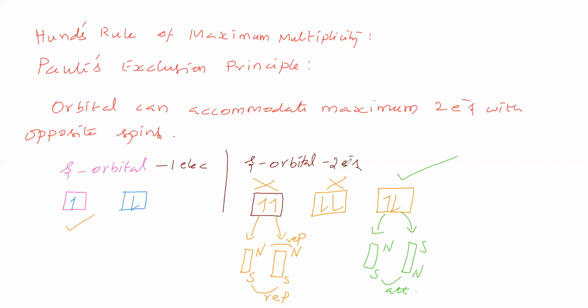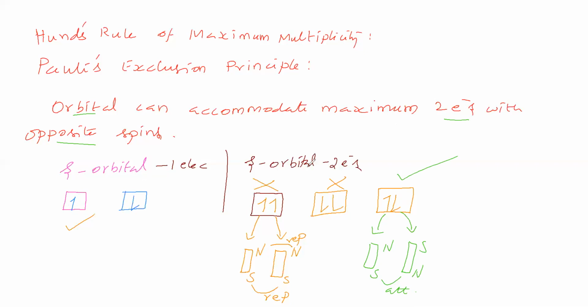So an orbital will take 2 electrons, and those 2 electrons will be in opposite spinning. If an orbital contains 1 electron, by convention we give clockwise spin.